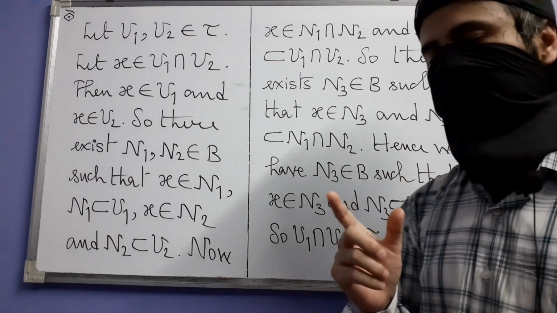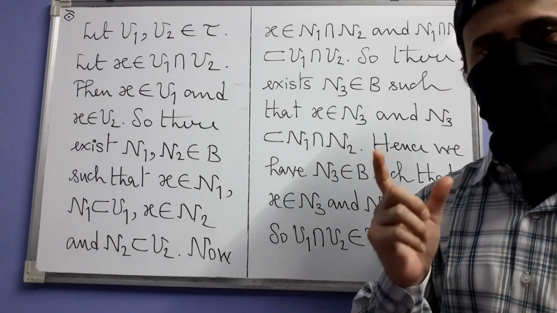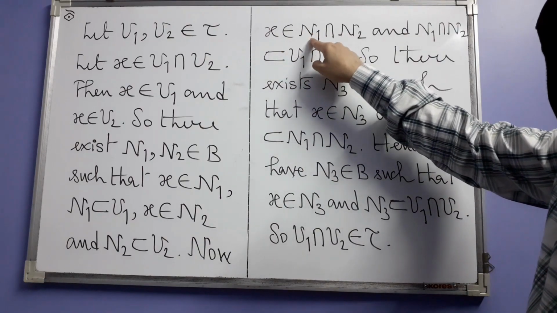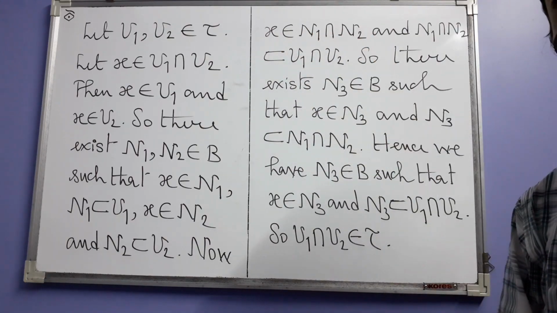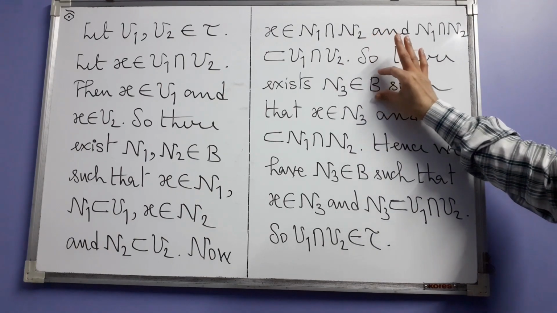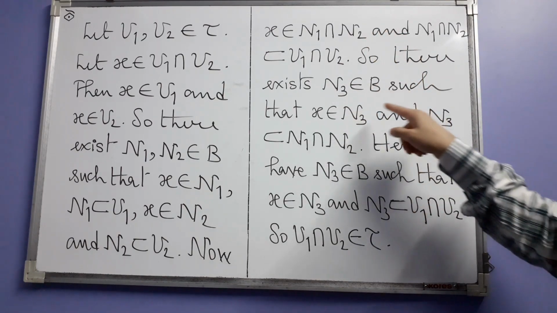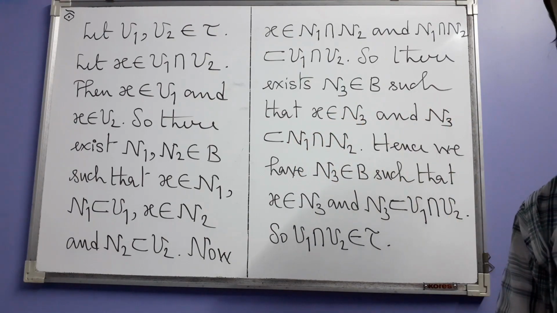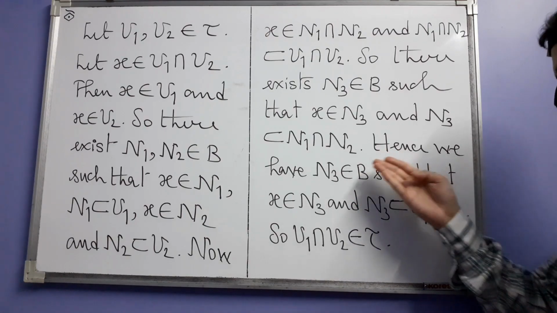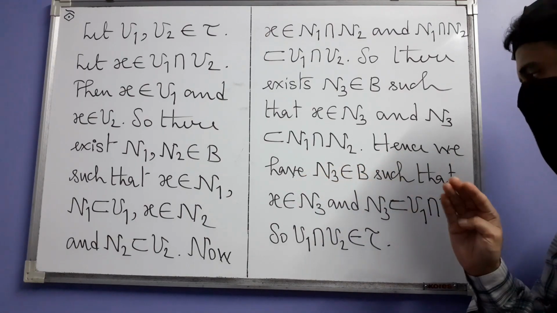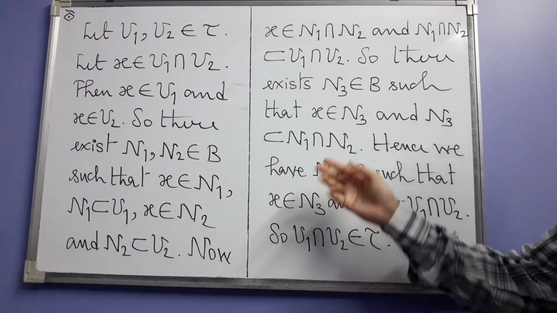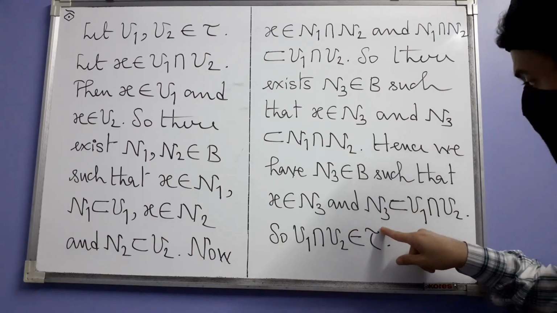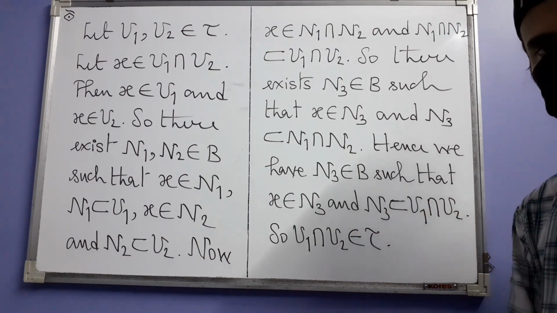But now you recall the second condition in the definition of the basis B, that whenever you have a point in the intersection of two basis elements, then there exists a third basis element N3 which contains that point and is itself contained in that intersection. Hence, we have a basis element N3 such that N3 contains X, and N3 is a subset of U1 intersection U2.